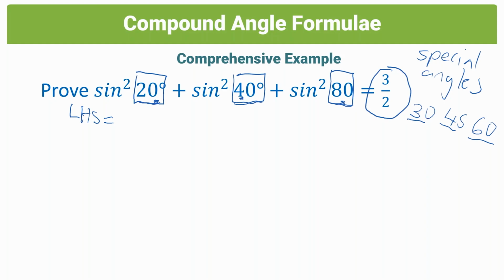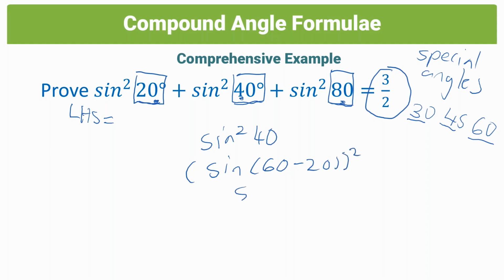So the best way to work this question is to rewrite sin²40 as sin(60−20) all squared. That becomes sin²(60−20), and as you can see, 60 minus 20 is the same as 40.